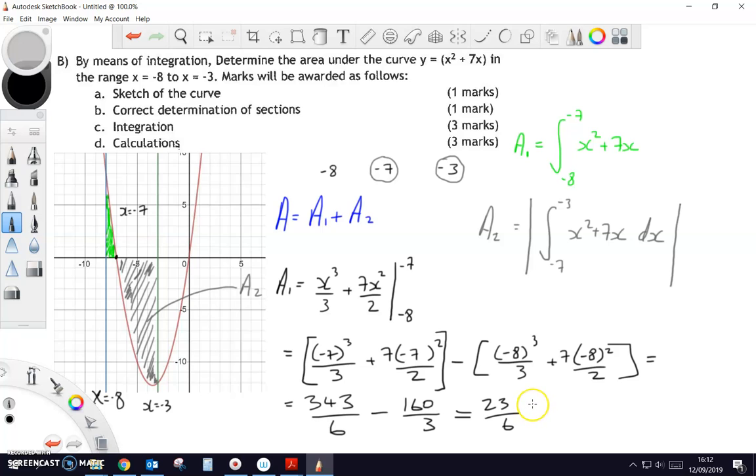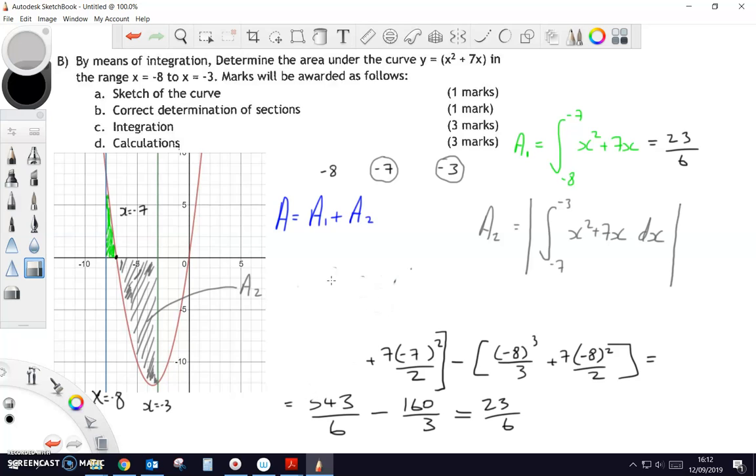I'm just going to leave it as a fraction, right? So area 1 comes out at 23 over 6. And now I'm going to erase all this stuff to make space. It's a bit tedious really, these calculations, but step by step there's no big issue, right?